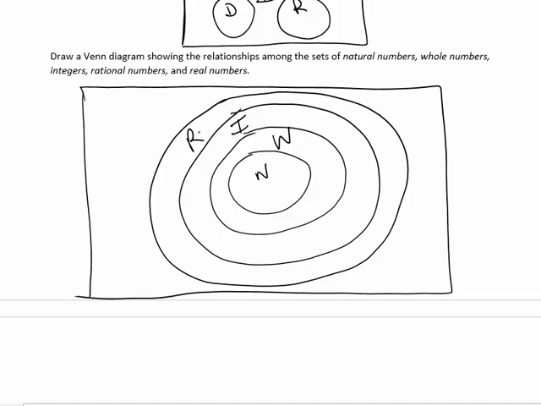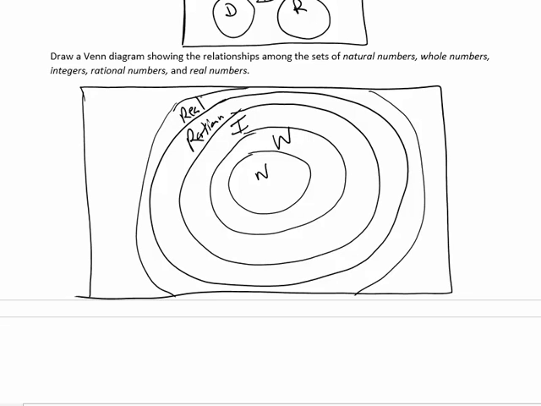And let's see, what am I missing? I got rationals and then real numbers. So real numbers, be careful with my little circle here. That's rational. We'll go real.